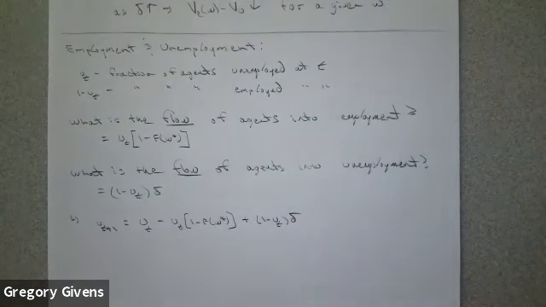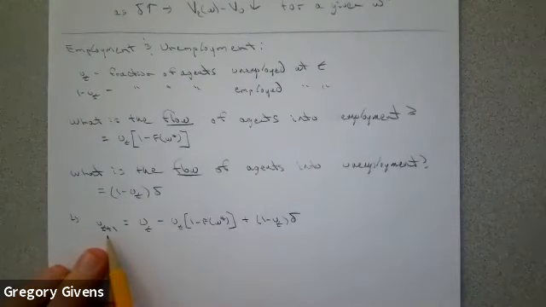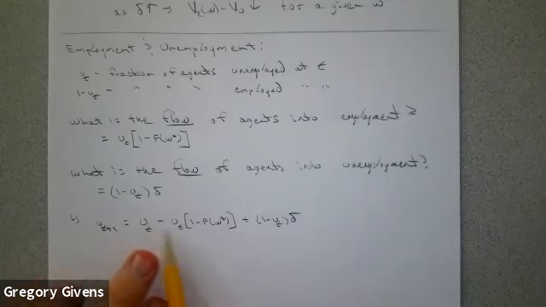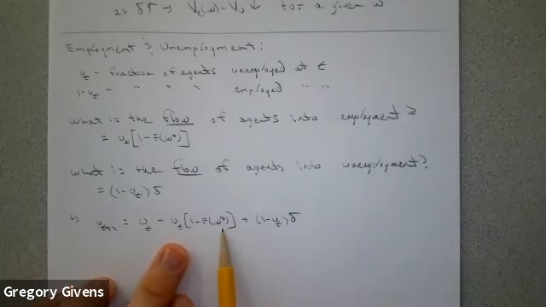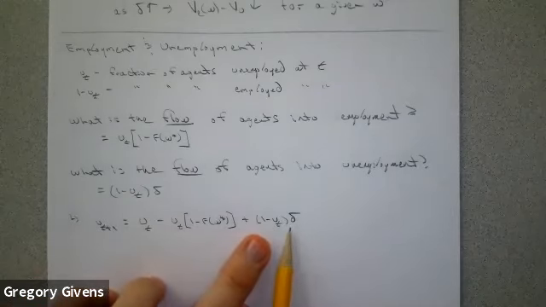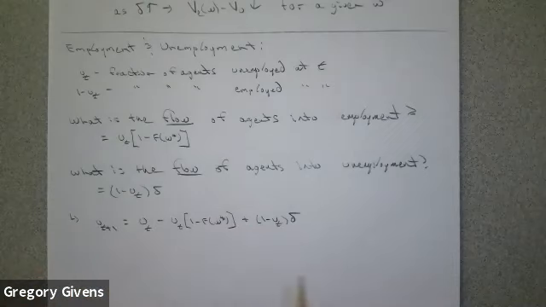next period, right? So the number of unemployed people is equal to whoever was unemployed last period minus the flows into employment plus the flows into unemployment. Now, some of this cancels.